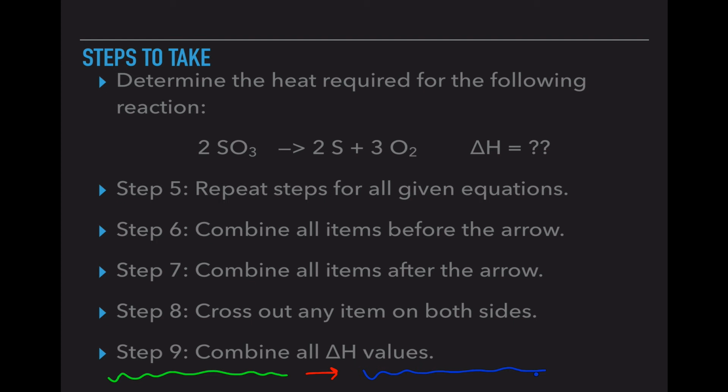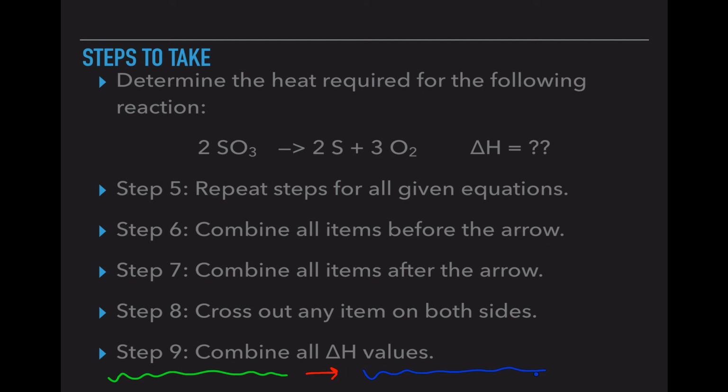So if you see it on both sides, you can automatically ignore it, or simplify any item on both sides. If you have 2 H2 on the left and 5 H2 on the right, you can simplify them out and be left only with 3 H2 on the right. And then step 9, add up all of your delta H values to find your final delta H.